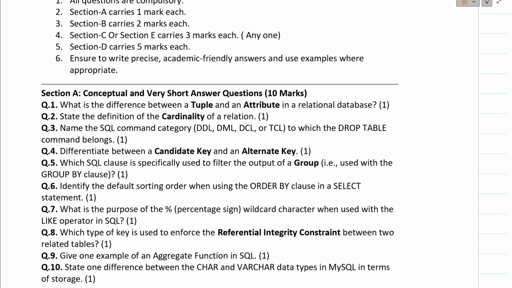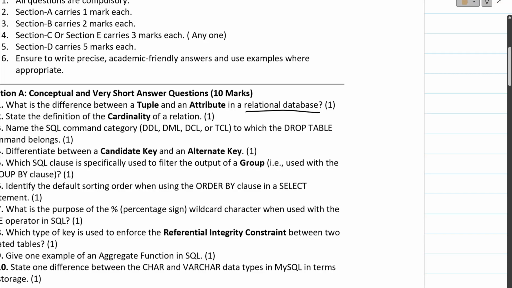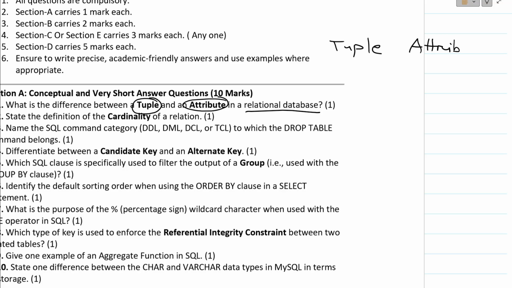Whenever we are talking about any table, as you can see here it is mentioned relational database. Tuple is nothing but a row. Usually, if you remember properly, the rows were said to be tuples or records. So you can consider that a row in a relation is said to be a tuple. Now talking about attributes, what do you mean by attributes? A column is usually considered to be an attribute.